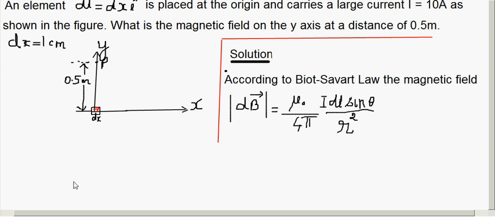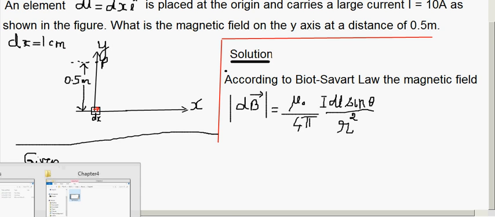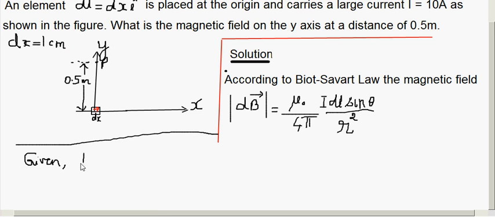Now in our case, given I is equal to 10 amperes and dl equal to dx equal to 1 centimeter, convert it into meter, that is equal to 10 to the power minus 2 meter.